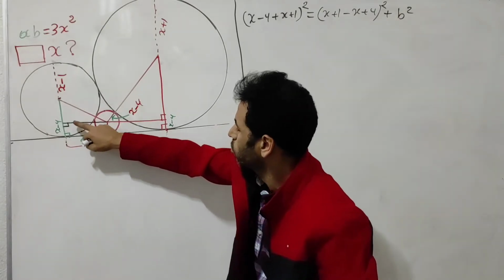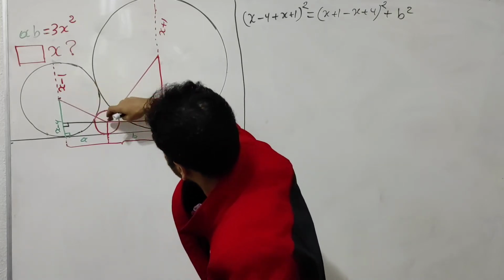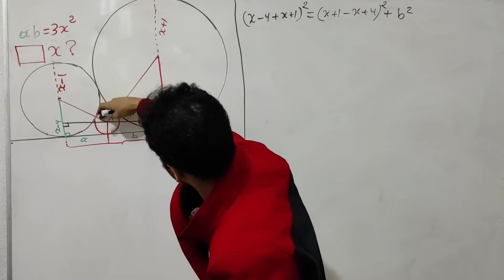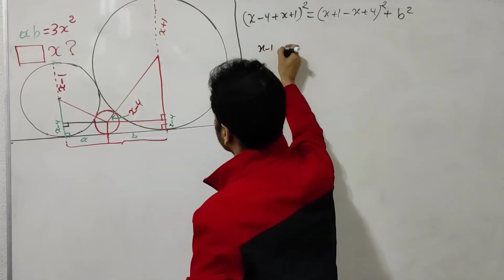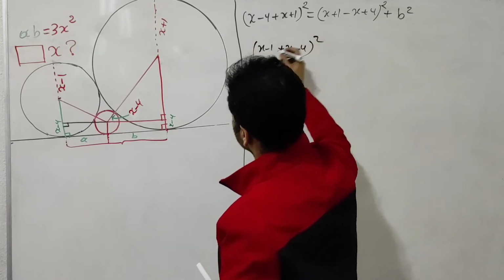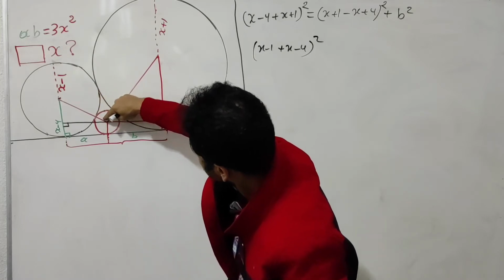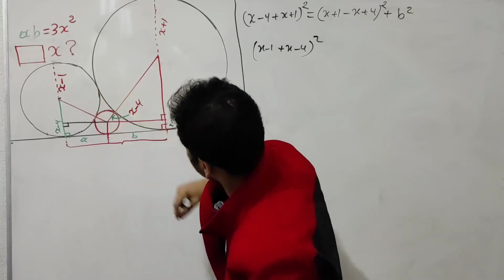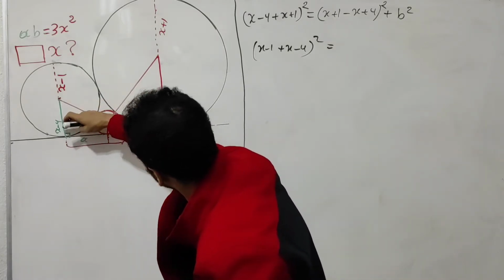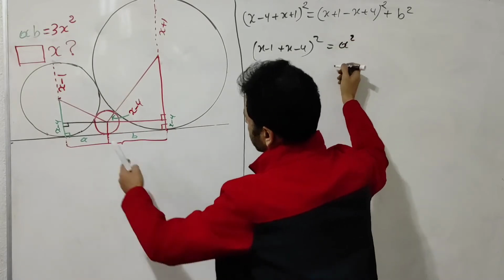I'm going to apply the Pythagorean theorem on this triangle as well. I have this distance, which is x minus 1 plus x minus 4, squared. This distance equals the radius of the middle circle plus the radius of the small circle, equal to this distance, which is a squared, plus this distance.